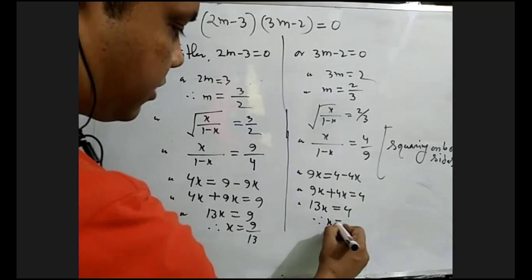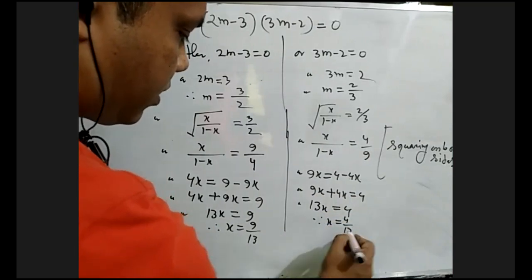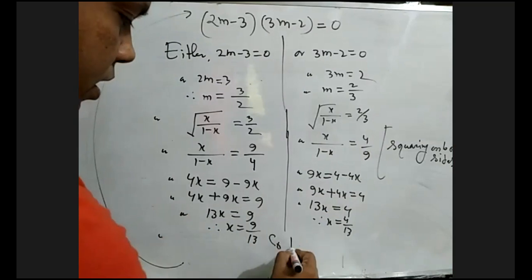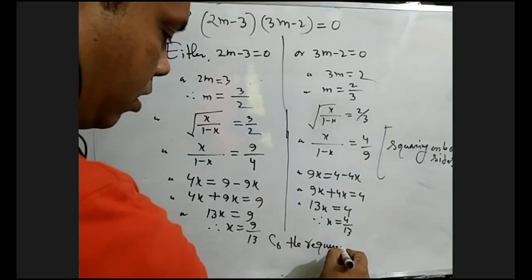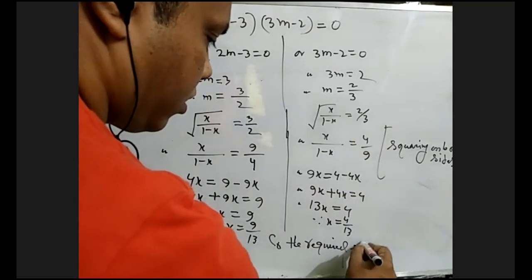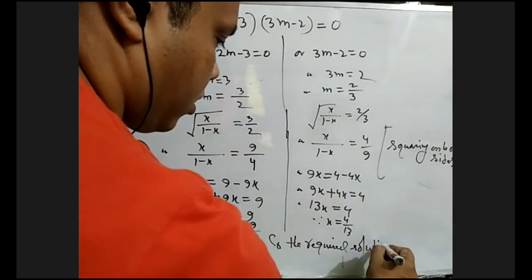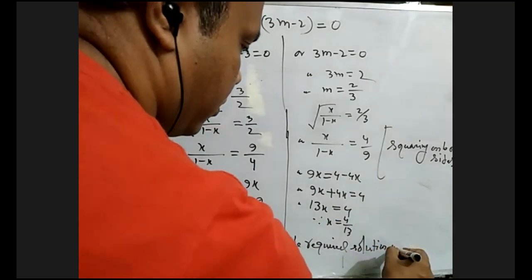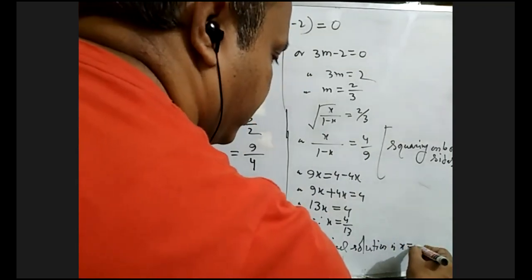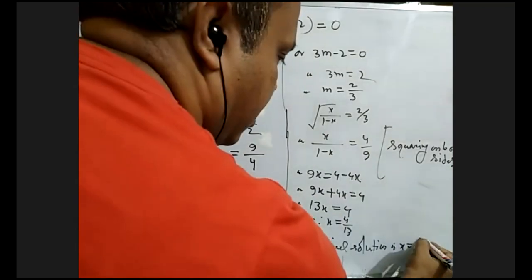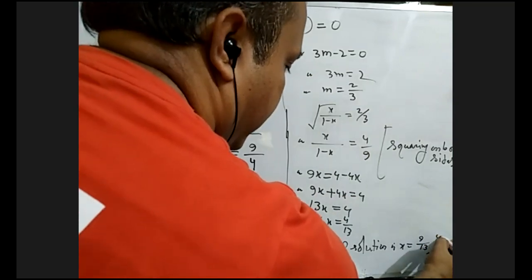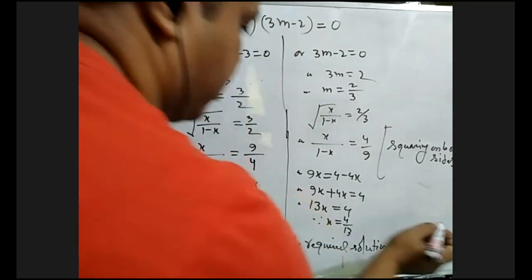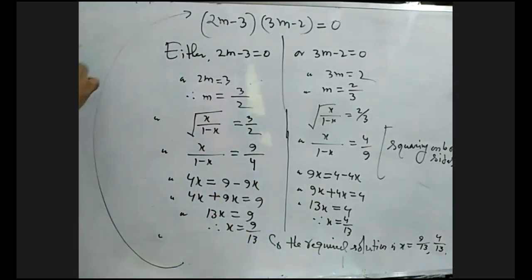Hence, x equals 4 by 13. So the required solution is x equals 9 by 13 and 4 by 13. This is the required solution for us.